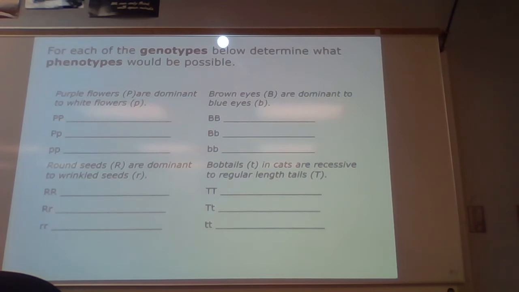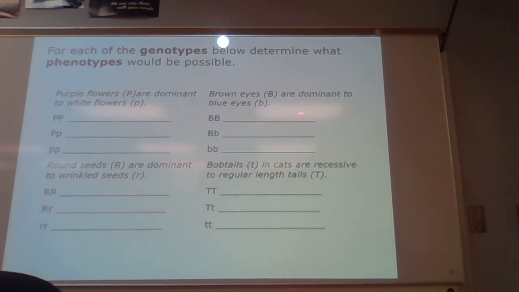This hopefully becomes something as automatic as your times tables, right? So we're getting into more advanced genetics here. This is something that just needs to be like boom, boom, boom. As long as you have one dominant allele, you're going to show the dominant phenotype. So these two are purple. If you're homozygous recessive, that's the only time you show the recessive trait, right?